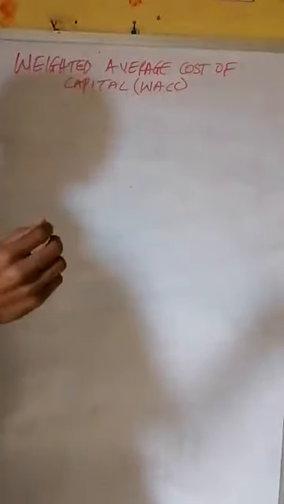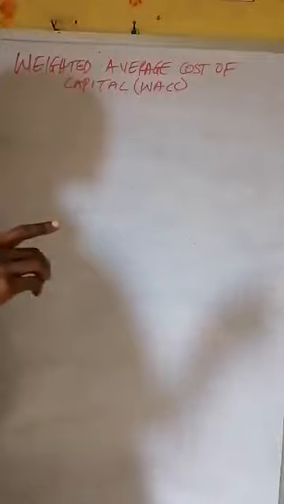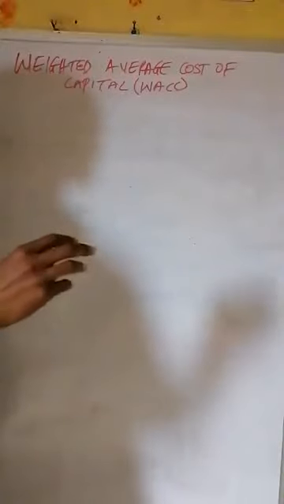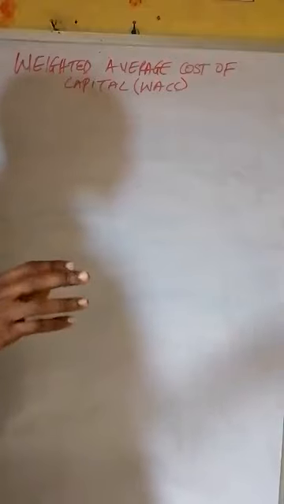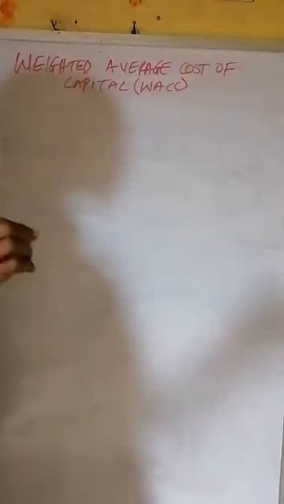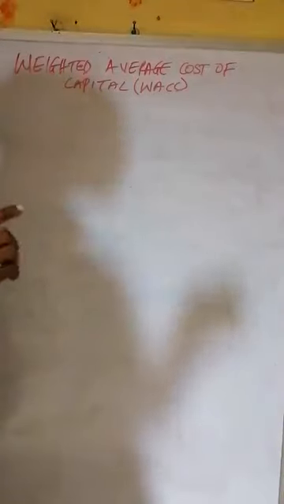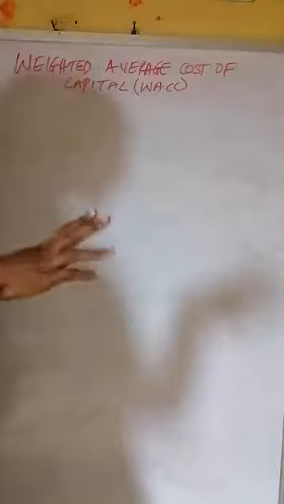But in a scenario where a company is wholly, that is 100%, financed with equity, with no preference share and no debenture, only ordinary share equity as a source of finance, the cost of equity will serve as the WACC, which is also the cost of capital for the company.